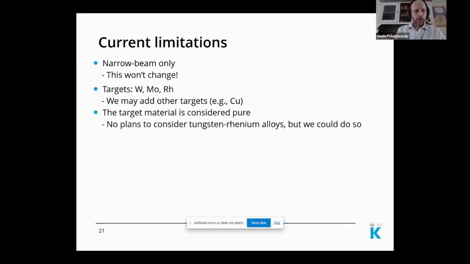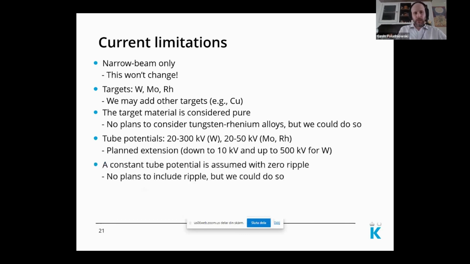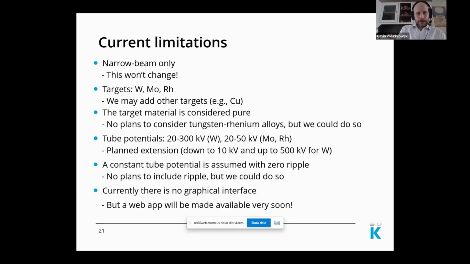It depends if people tell us they want something. And we assume tungsten is pure tungsten, which typically has a small amount of rhenium, but no one has mentioned this as a problem yet. We're going to expand the tube potentials a bit because it's limited down to 20 kV at the moment, and we assume 0 tube ripple, but we could model that if required.